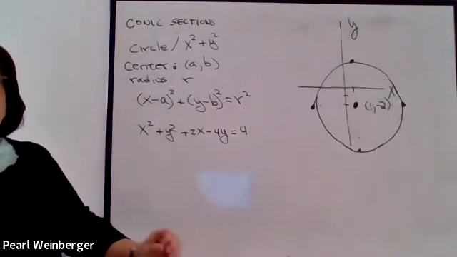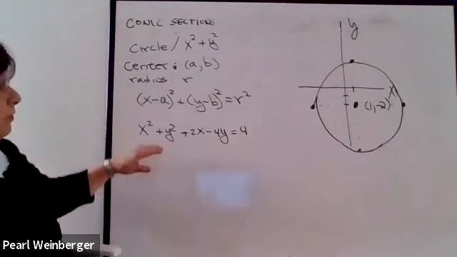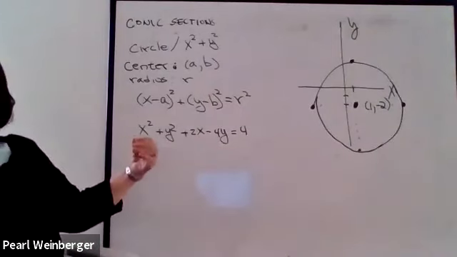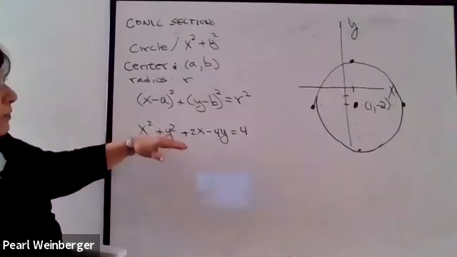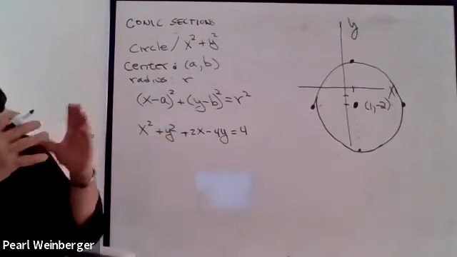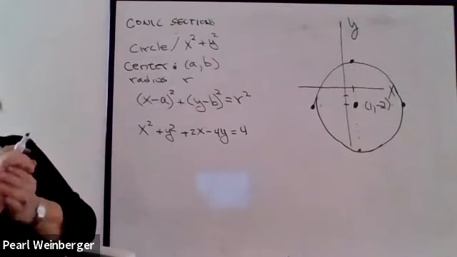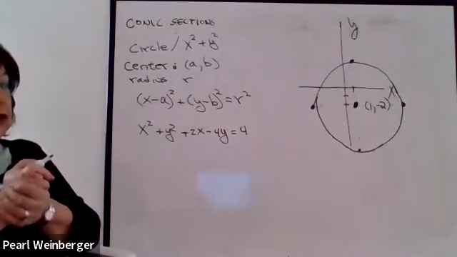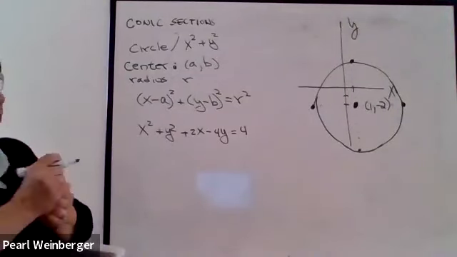And in order to get the center and the radius, what we have to do is go from this, what I would call simplified version of the equation, put it back into the original standard format. And it involves a little bit of a trick, but once you know the trick, it's not hard to do.